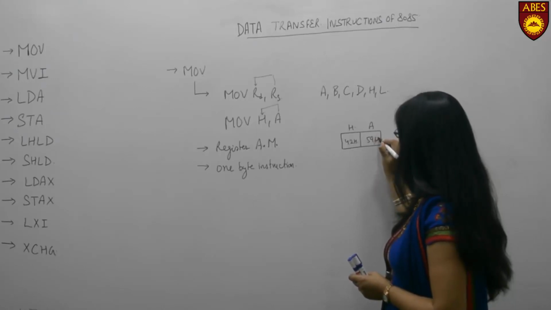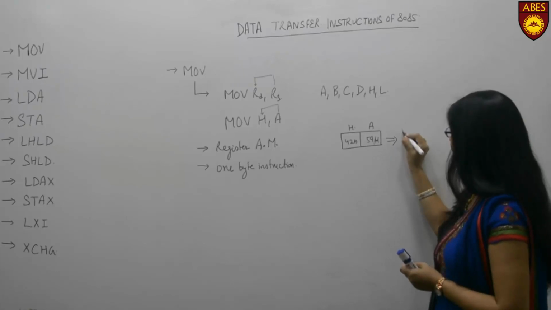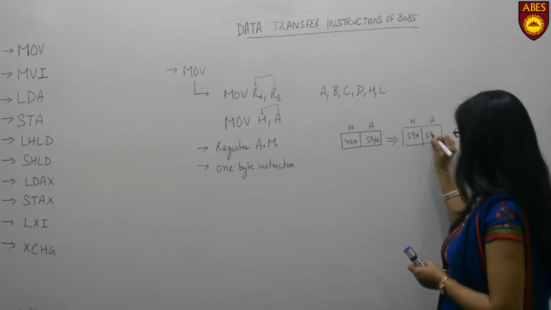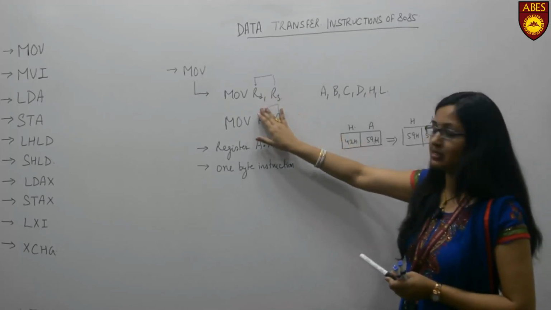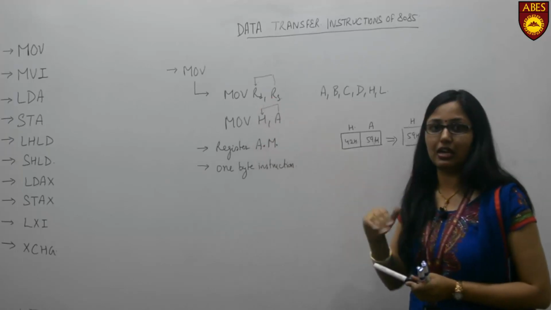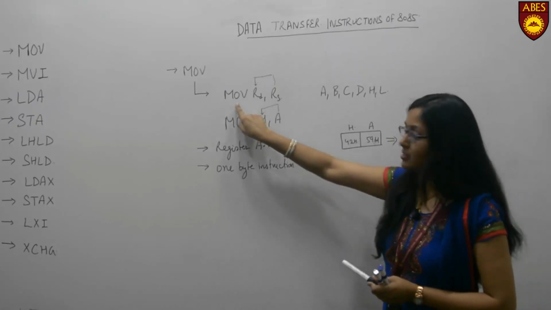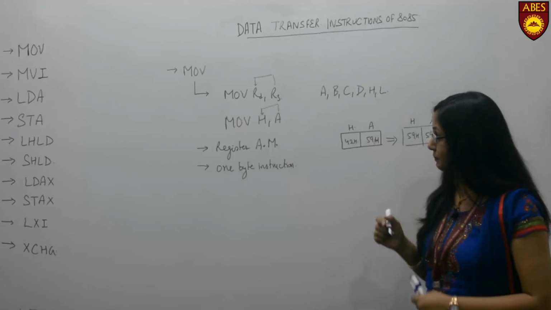After the execution of this instruction, the content of the H register is 59H and the content of the accumulator is also 59H. That means this move instruction is nothing but a copy instruction. The content of both registers after the execution is the same. So move is a misnomer; basically these are copy instructions.